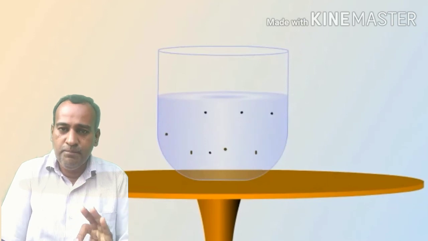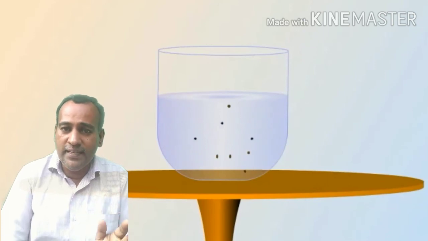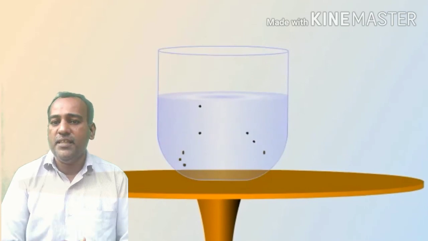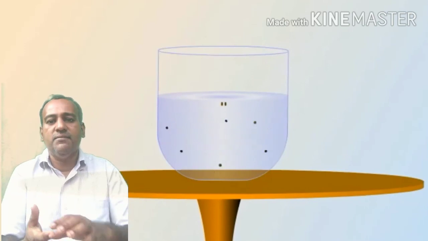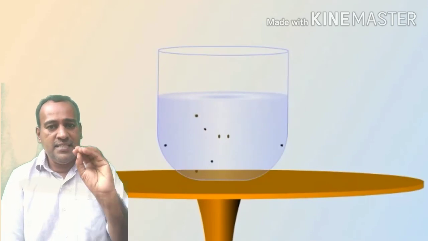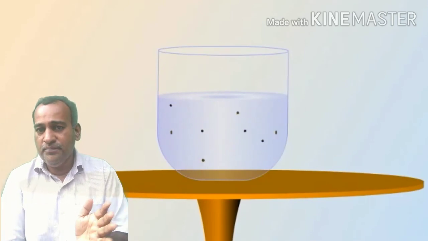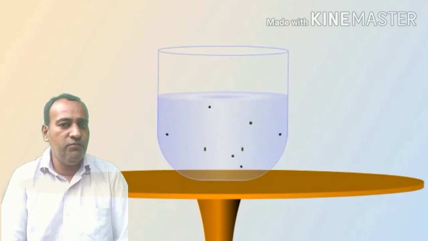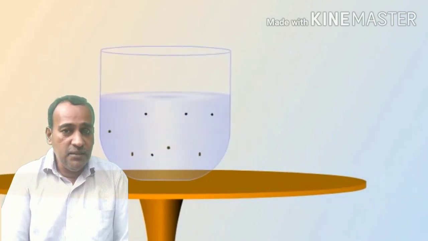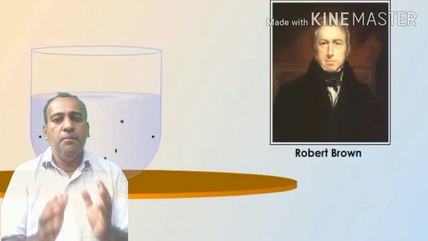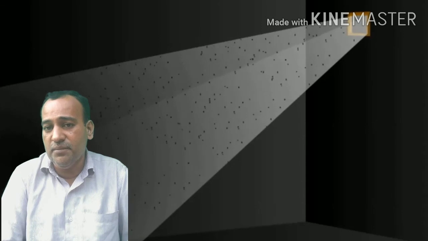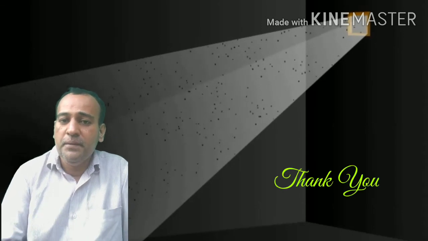That is why Brownian movement explains the stability of colloids, or in other words it gives stability to the colloidal state. One very important factor which gives stability to a colloid is Brownian movement. Very important point, underline it. The stability of the colloid is due to Brownian movement.